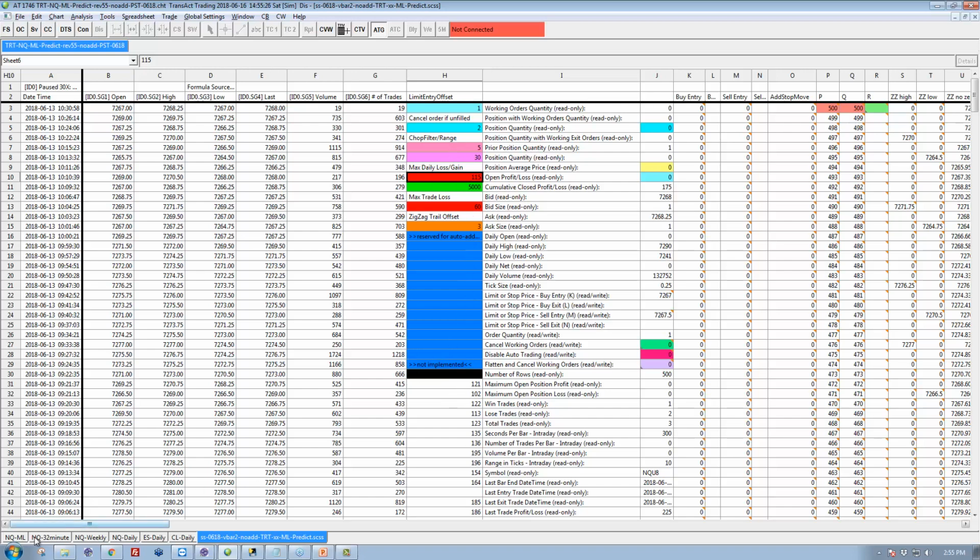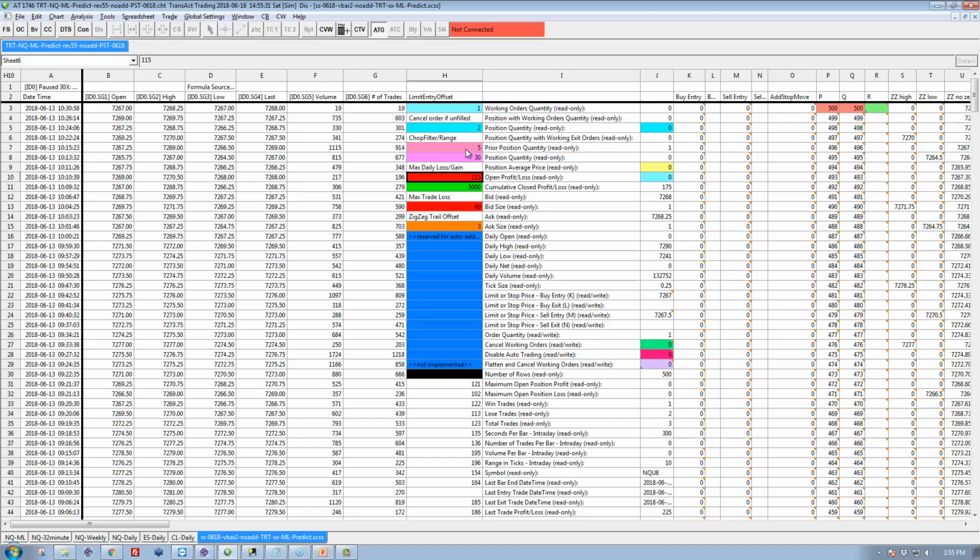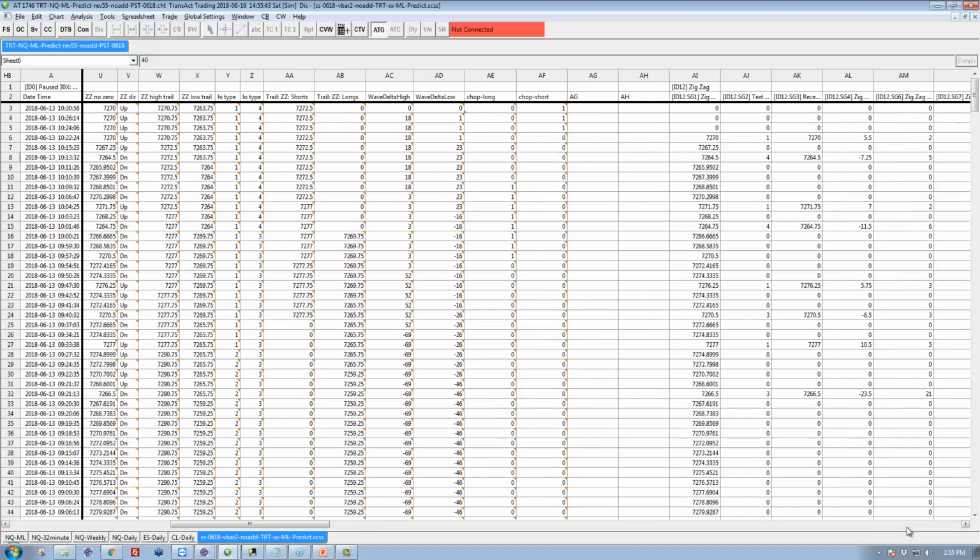There's one thing to understand, going back now to this auto chop, avoid chop system. Let me set this back to what I'm used to seeing. This is currently implemented in the spreadsheet. It's these cells over here. The spreadsheet's really powerful.